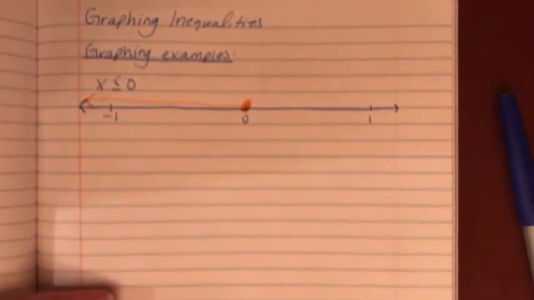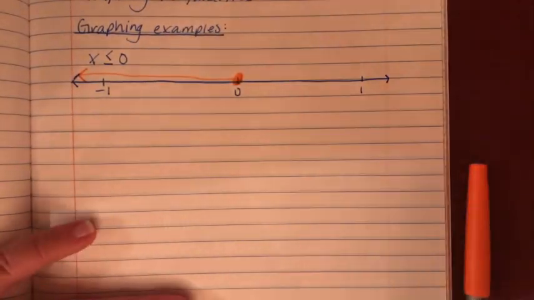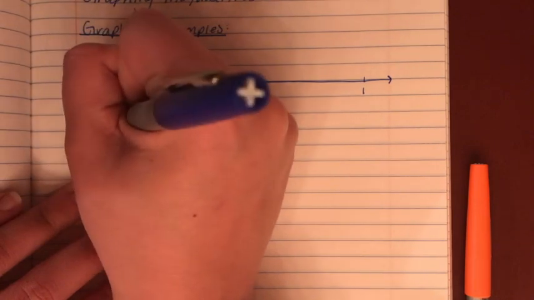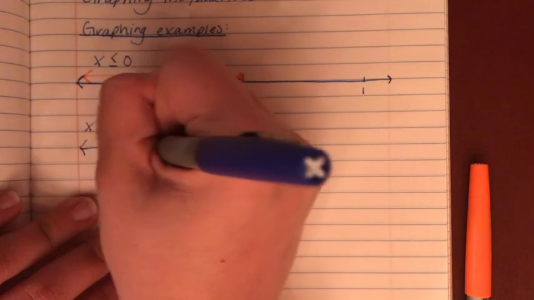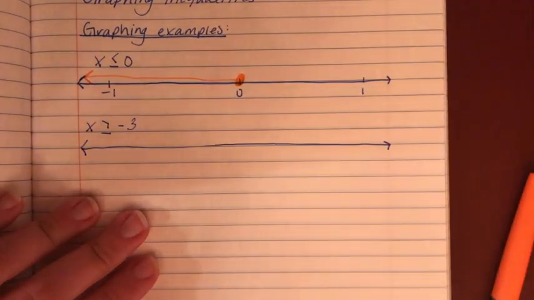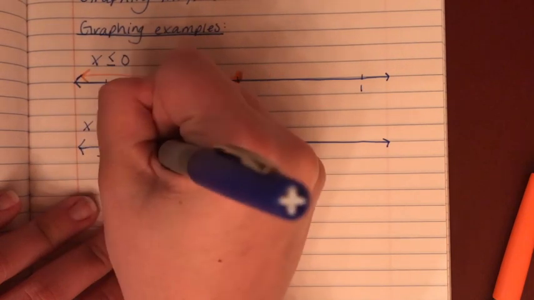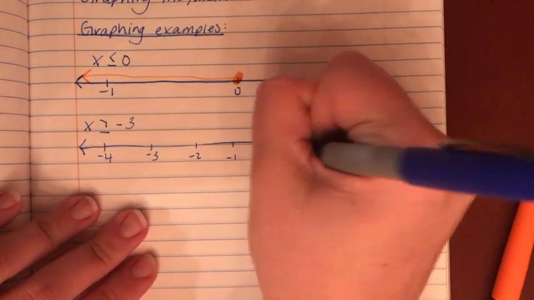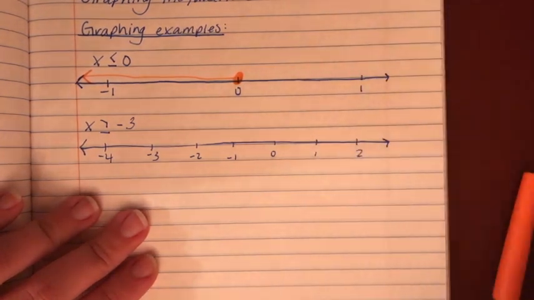Okay, next one. X is greater than or equal to -3. So I'm going to draw my number line. Let's go -4, -3, -2, -1, 0, 1, 2.